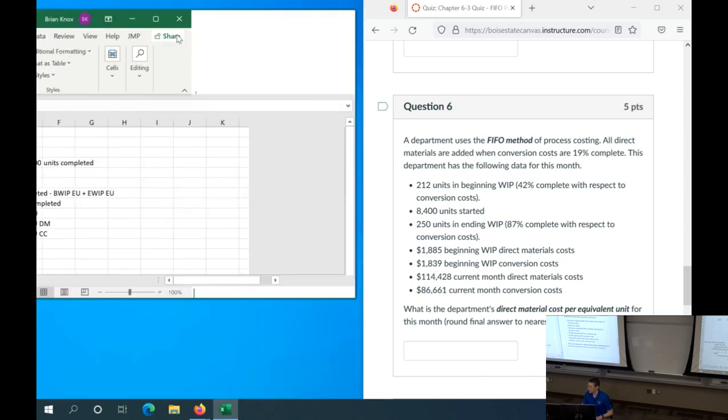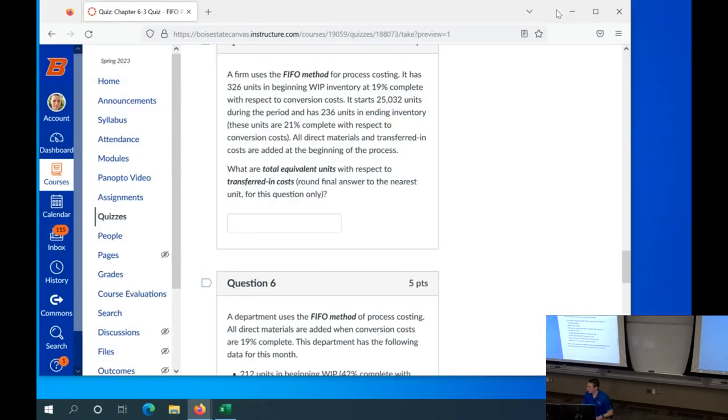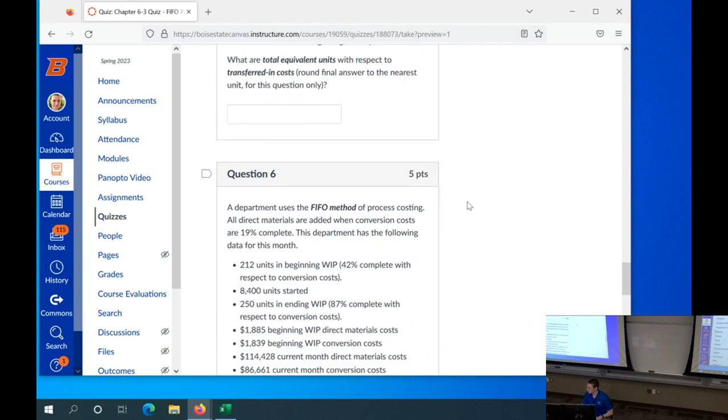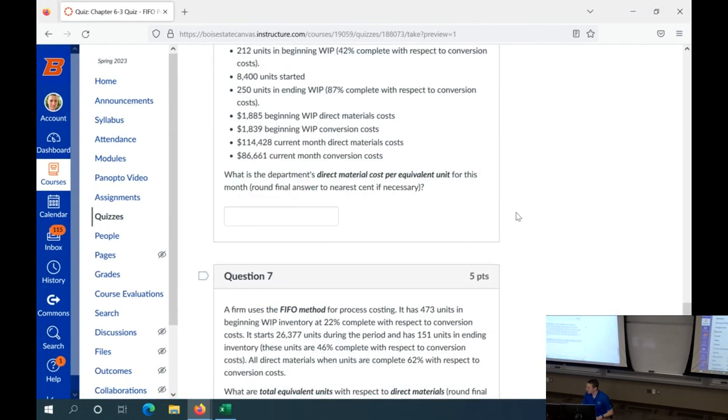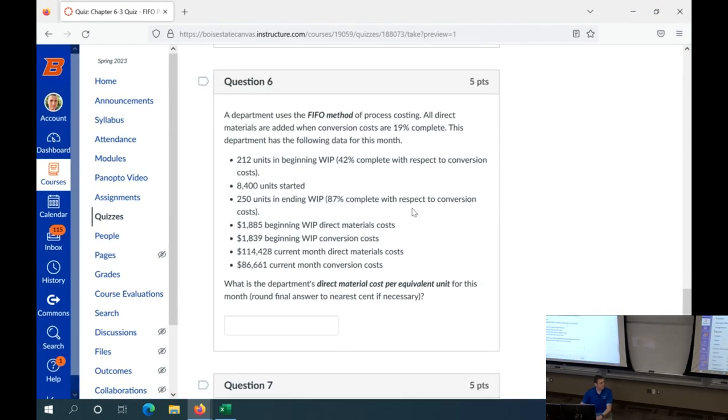I'm going to pull the Excel over here and give you a few minutes to work on this question here. I'll work on it in my Excel file and see how we do.